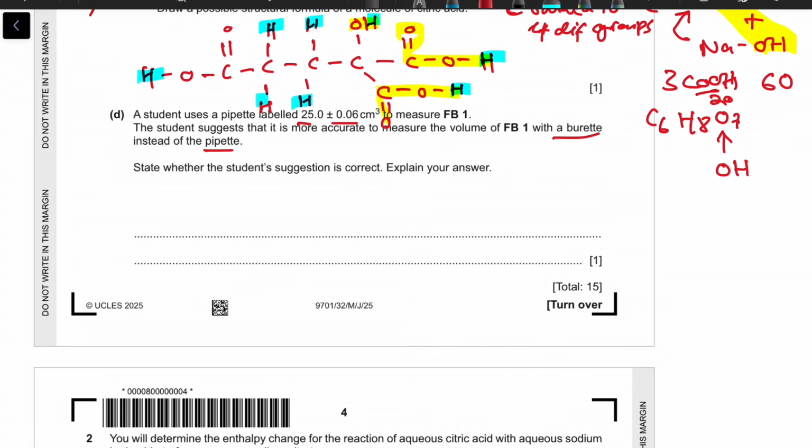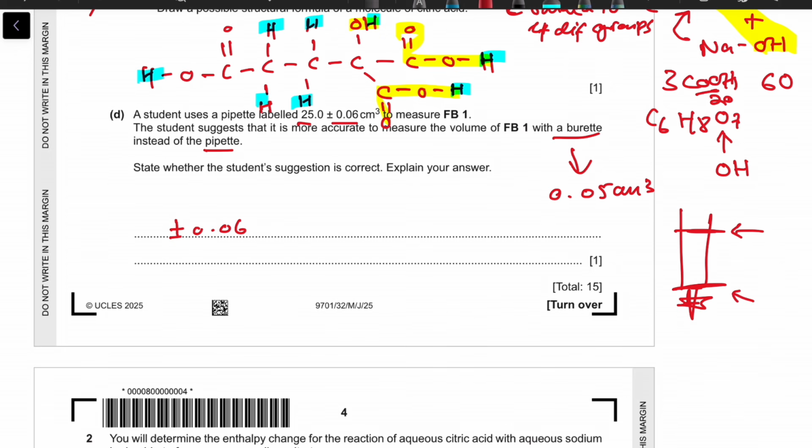So our pipette had an error of plus minus 0.06. Our burette can measure to the nearest 0.05 centimeters cubed. Since we read both a bottom value and a top value, there's an error at 2 points, whilst with a pipette, there's only an error at 1 point.